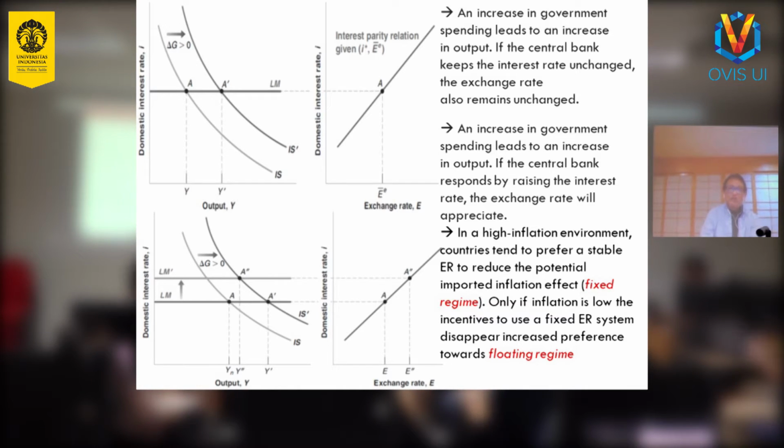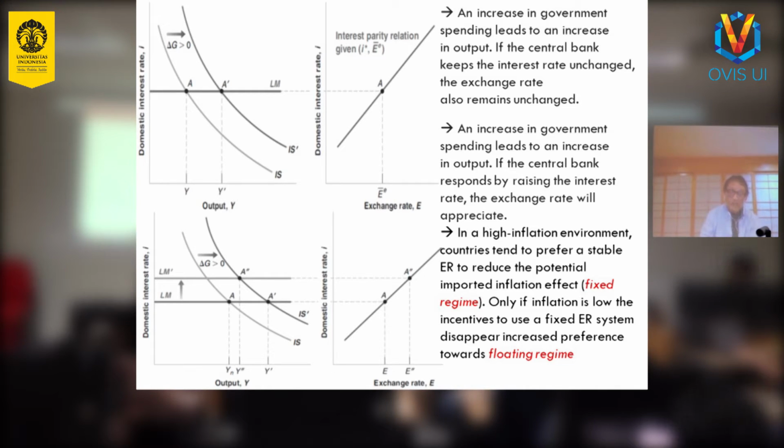Now, depending on your exchange rate system, that will lead to the question, what happened with the exchange rate? Now, in this case, this is the case where basically the interest rate does not change. Meaning what? Meaning the kind of exchange rate system that they are adopting here is basically a fixed exchange rate. Because by definition, fixed exchange rate means you're supposed not to change the rate. Okay? And that's why the chart on the right-hand side does not change here.